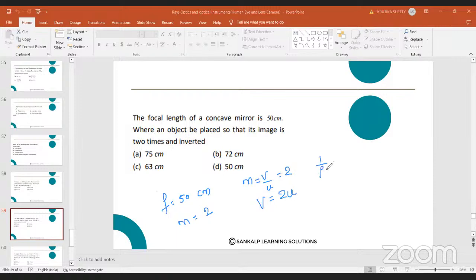Therefore, the mirror equation is 1 by f is equal to 1 by u plus 1 by v. So, substitute the value of v. It is 1 by 2u. So, simplify this. What are we going to get? They have given the value of f as 50.